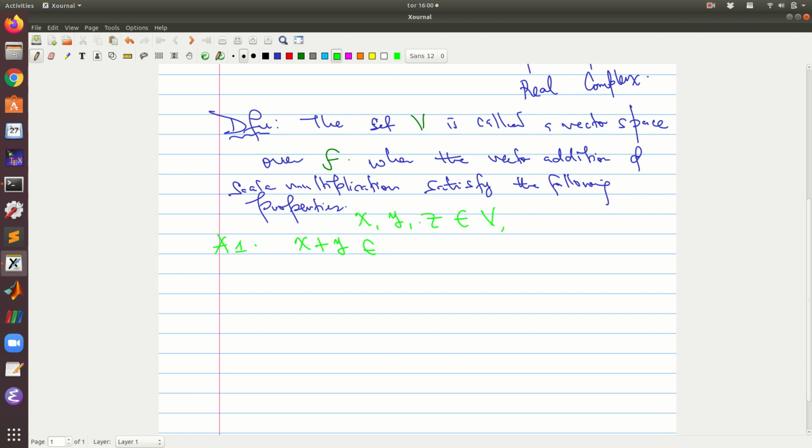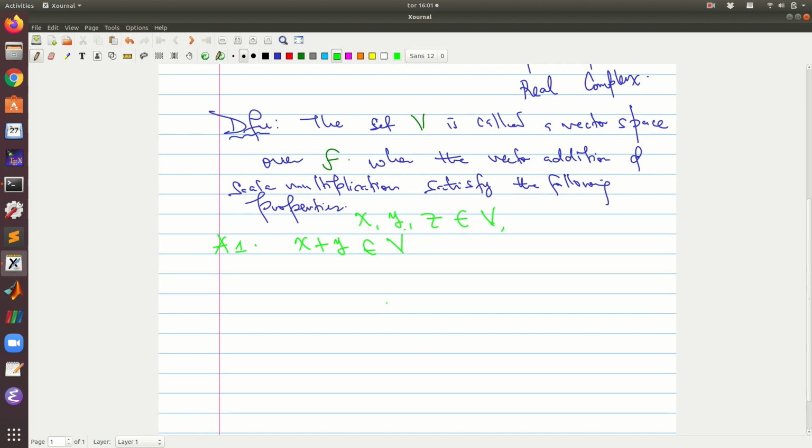If a vector x is a member of the vector space V and y is also from the same vector space, then their addition also belongs to the same space. For example, if this vector space is the space of real numbers, then if you get a real number and another real number, their sum is also a real number. But we shall give some proper examples later on.